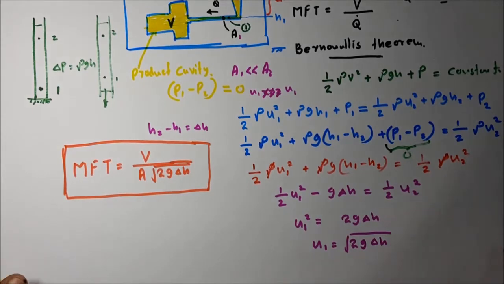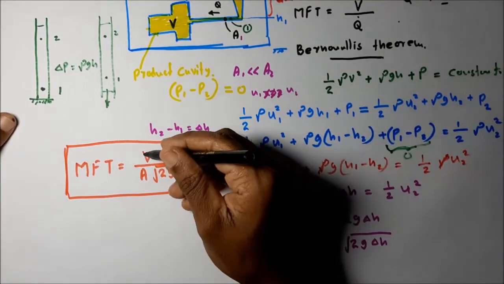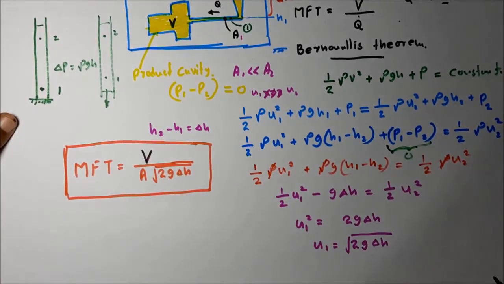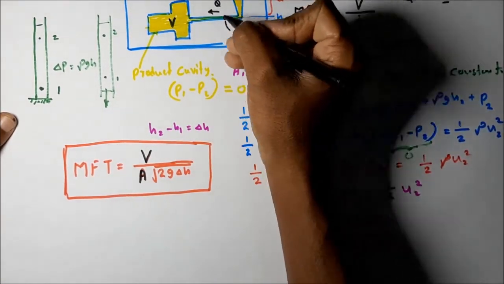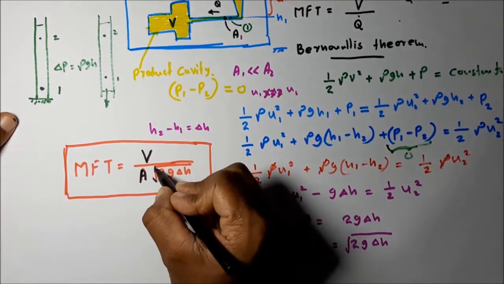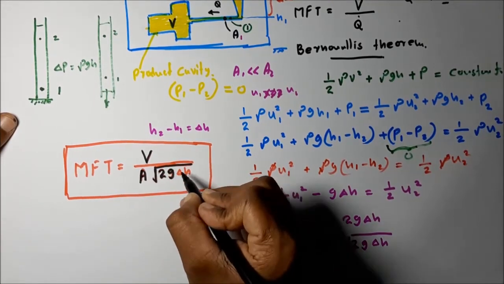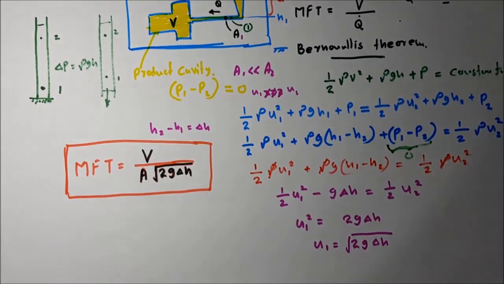V is the total volume of the product cavity. A means the cross sectional area of the main runner. Then inside the square root, 2g delta h, h means sprue height. This is how we are calculating the mold filling time in metal casting.